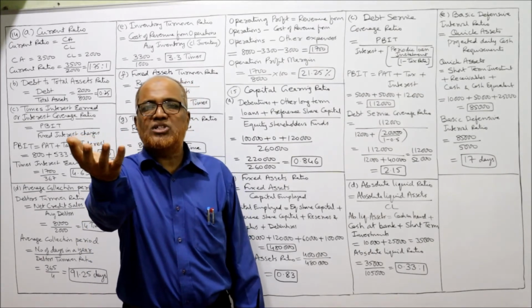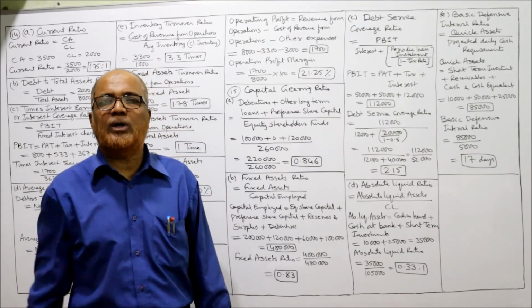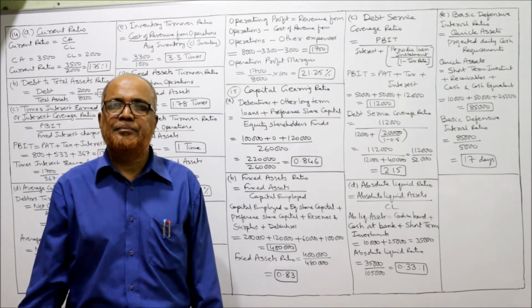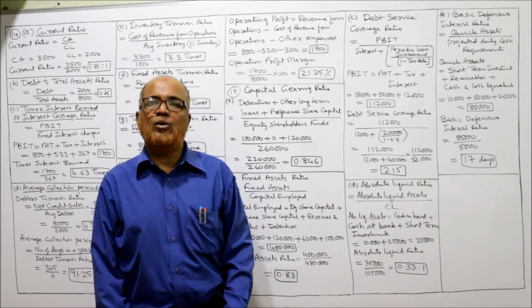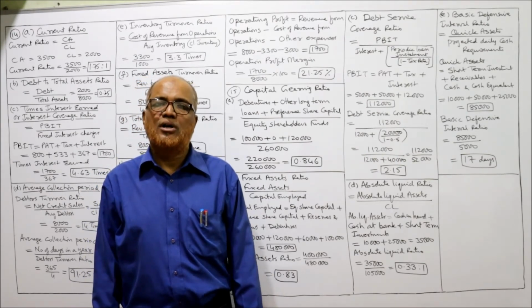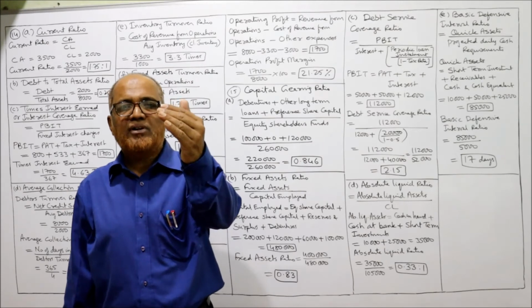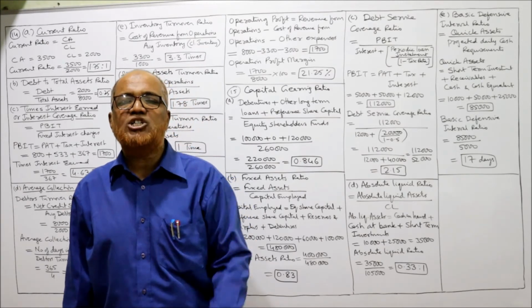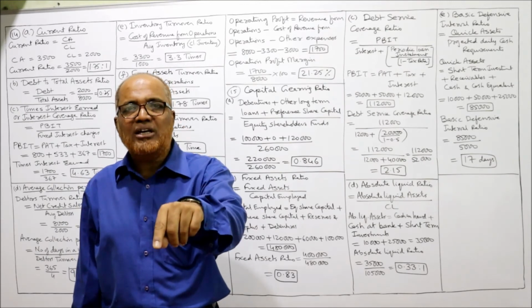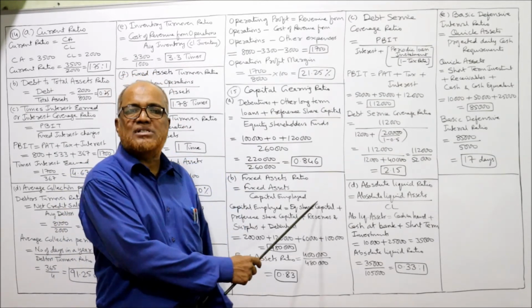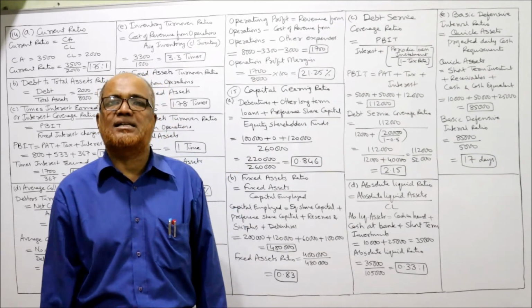The investments which can easily be converted into cash within no time, with no risk, those are called marketable securities or short-term investments. So simply short-term investments plus cash and cash equivalent, that is called absolute liquid assets.